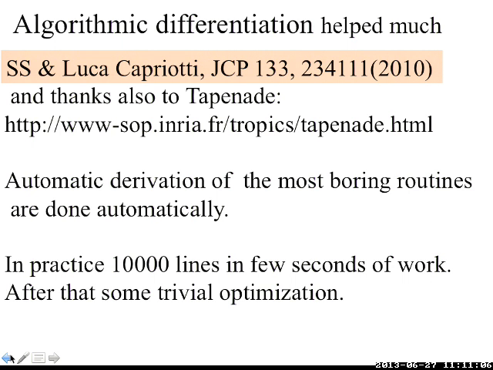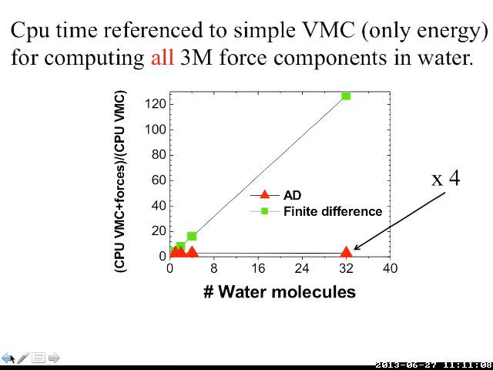So it's very helpful. After you do this job, you can easily see that you can increase the number of atoms, and the CPU time for computing all the forces for all the water molecules essentially remains constant with respect to the variational calculation that computes only the energy.